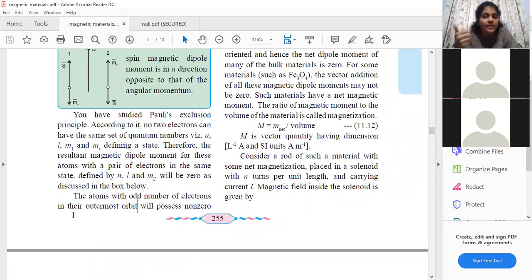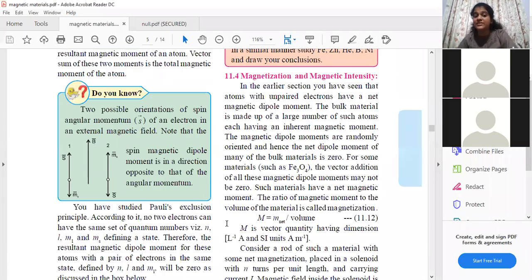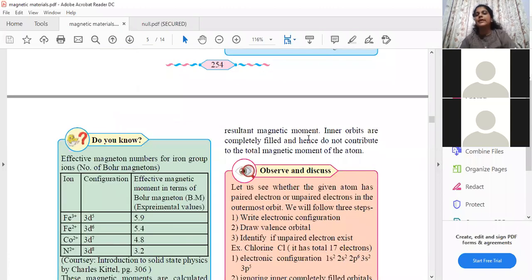Odd number means unpairing will be present, right? Because if it is an even number, then the pairing is perfect. We want at least one unpaired electron to be present. So only if an odd number of electrons are there, they will be unpaired. Atoms with odd number of electrons in the outermost orbit will possess non-zero resultant magnetic moment.